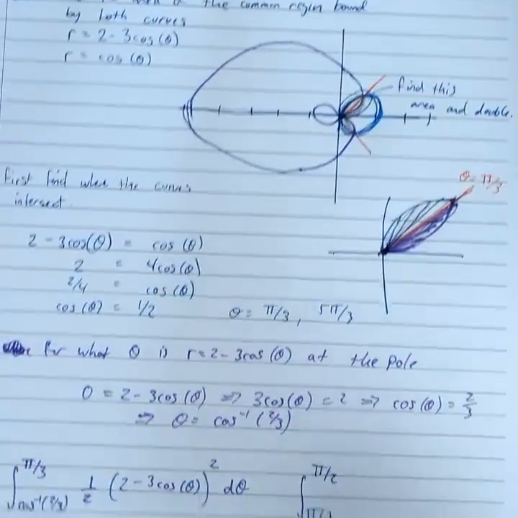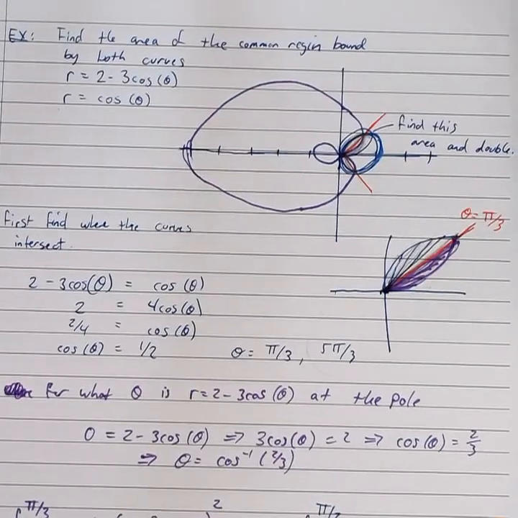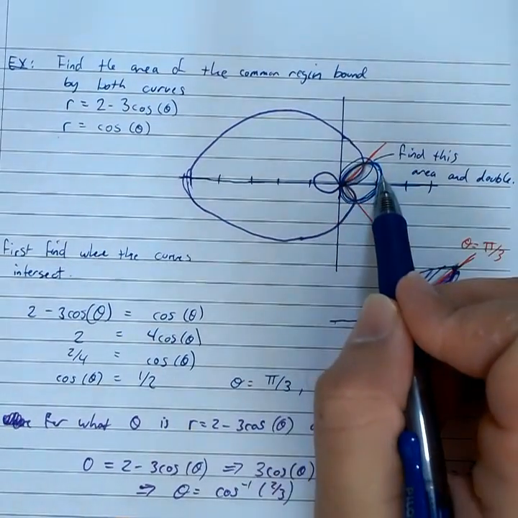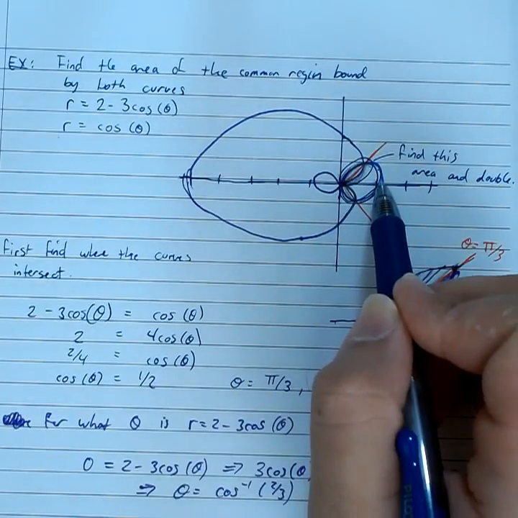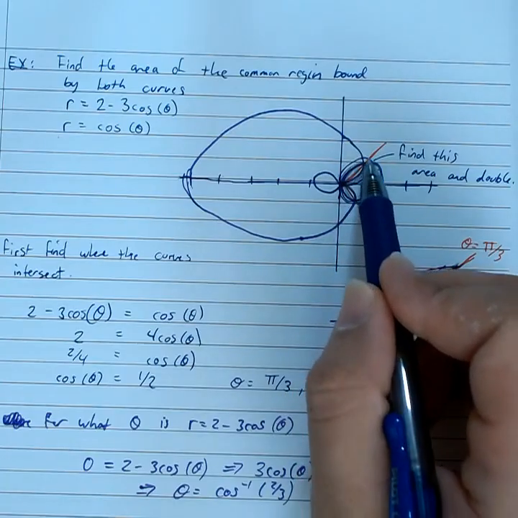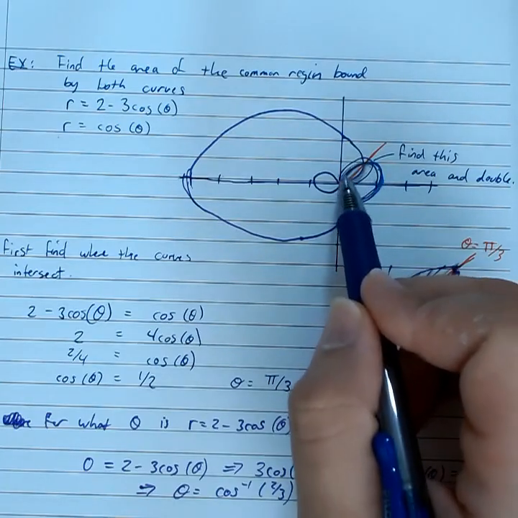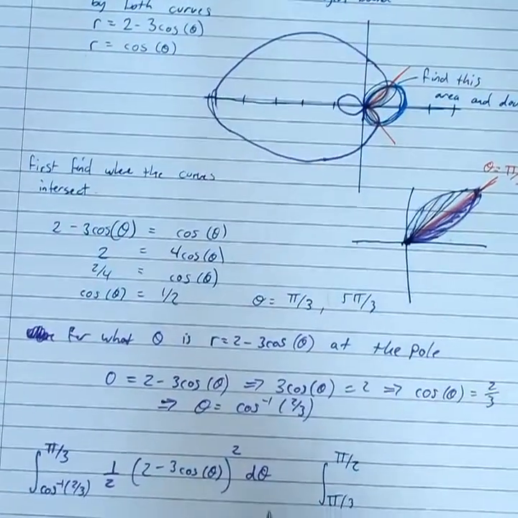If that's a little hard to see, you can always trace out a few points. You can always start from theta equal to 0, theta equal to pi over 4, pi over 3, pi over 2, and you'll see that as that angle goes from 0 to pi over 2, it'll sweep out that upper half of that circle, so that you'll hit the pole when theta is equal to pi over 2.